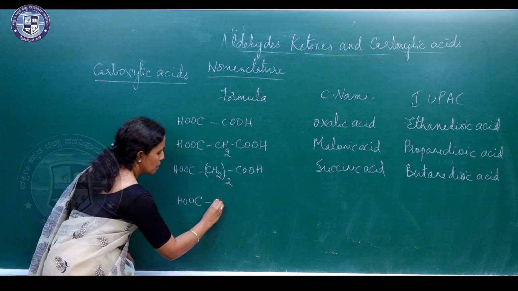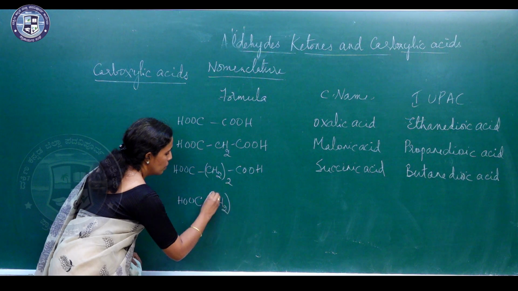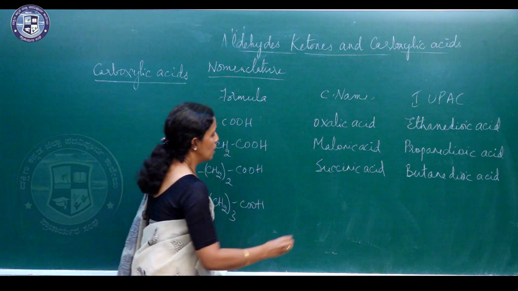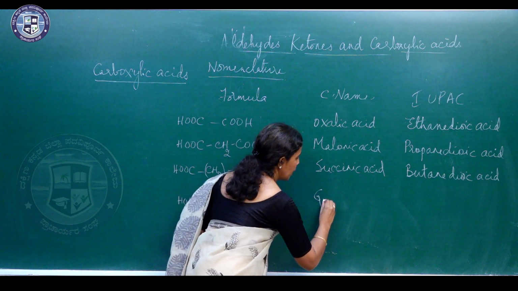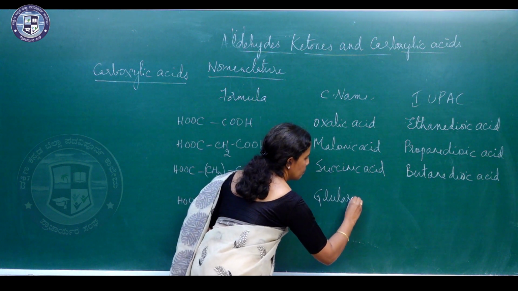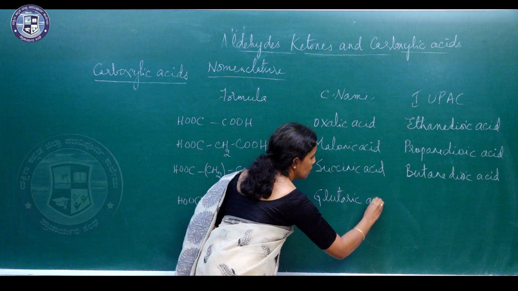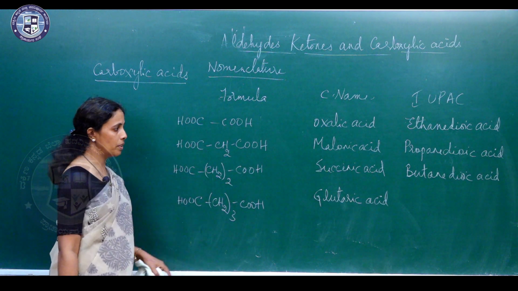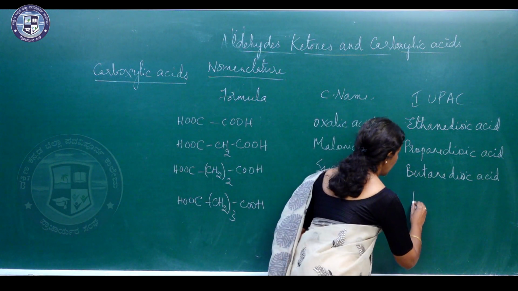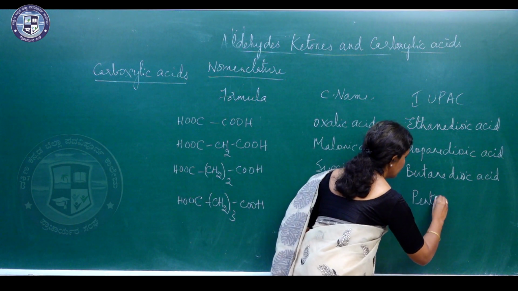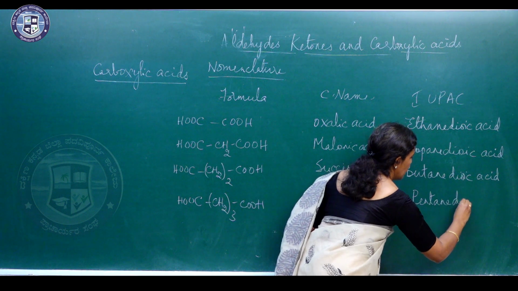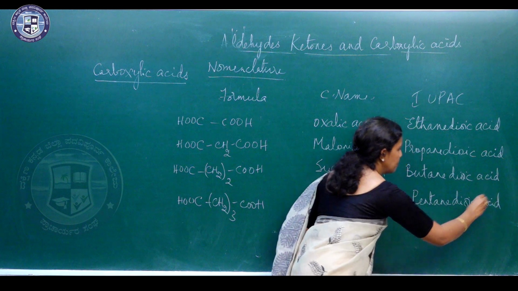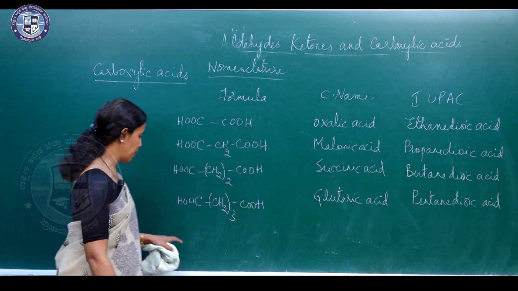So, the next compound is COOH, CH2 thrice, COOH. So, this is named as glutaric acid. Glutaric acid. So, there are 5 carbon atoms in it. So, it should be pentane dioic acid. Pentane dioic acid.